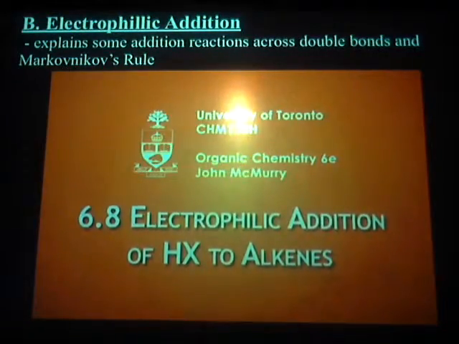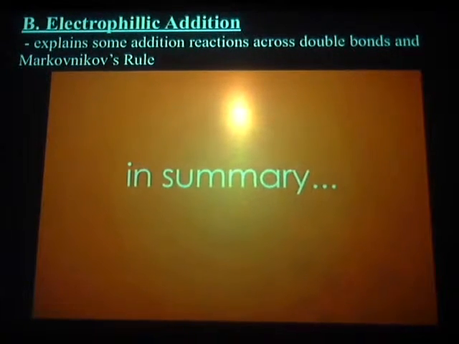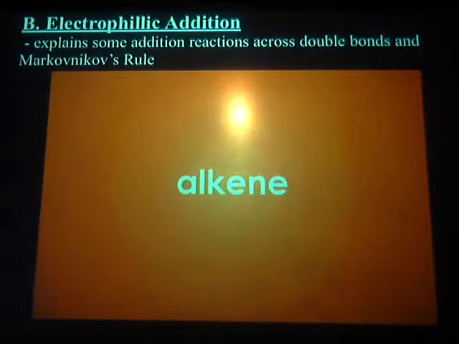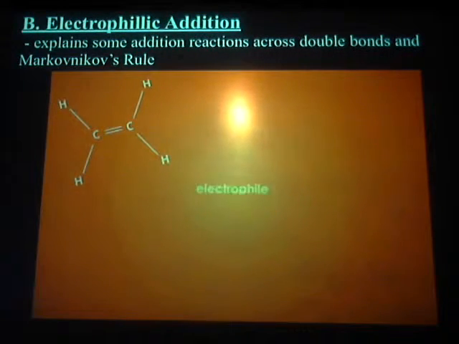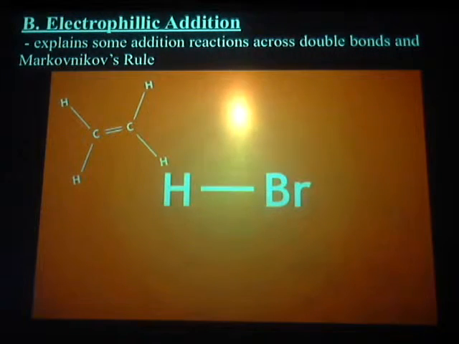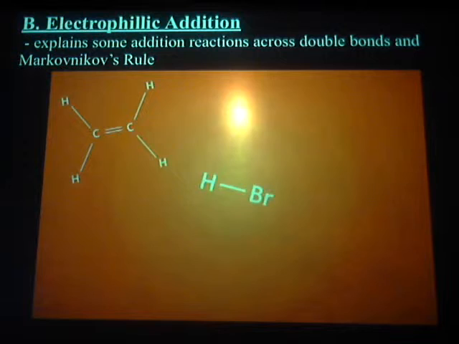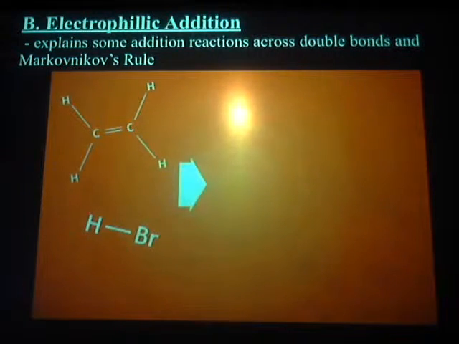Electrophilic addition involves two reactants. An alkene, whose double bond is rich in electrons and is thus nucleophilic. And an electrophile that will attack pi bond electrons in the alkene double bond. Hydrogen bromide as an example. Ultimately, they will react to form an alkane.